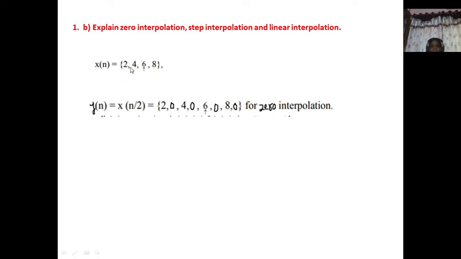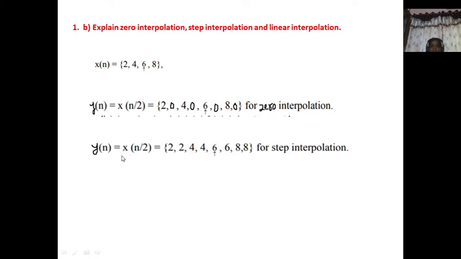In between we are appending zeros, that means interpolating with zeros: 2, 0, 4, 0, 6, 0 and 8, 0. This origin doesn't change. Now it's a simple process, appending 0 in between the existing samples.